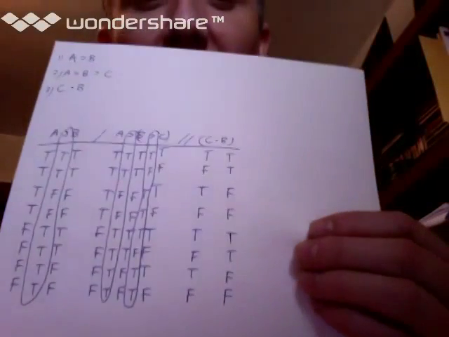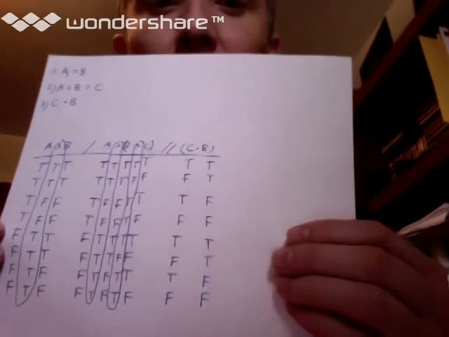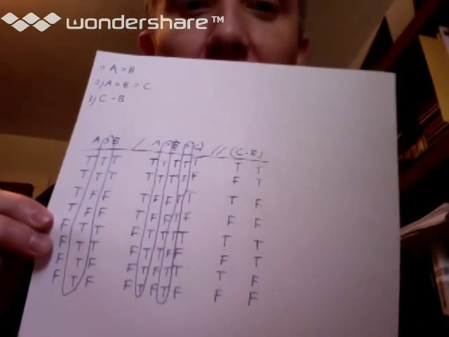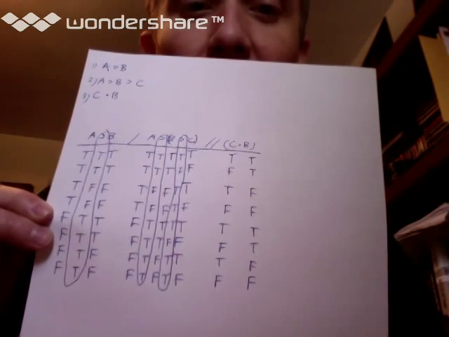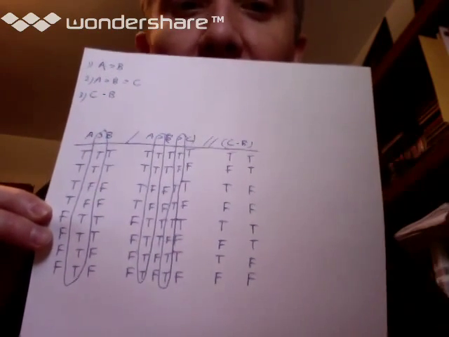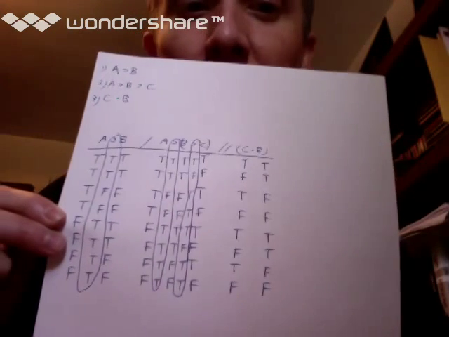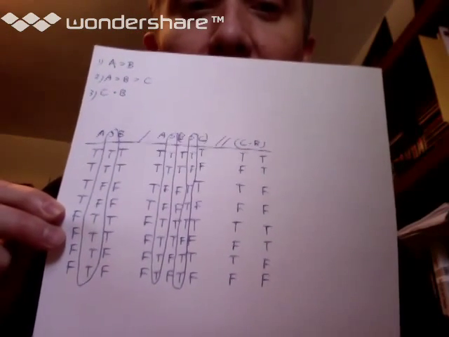Okay, so now I have the second premise here. See, I'm circling those truth values because I want to be able to keep it straight, which truth values I compare when I go horizontally in the last part of the table.